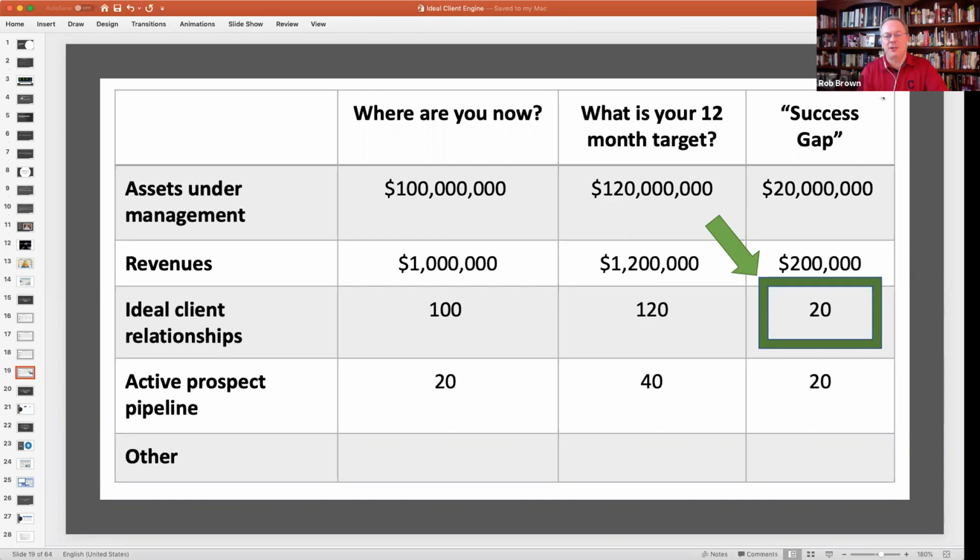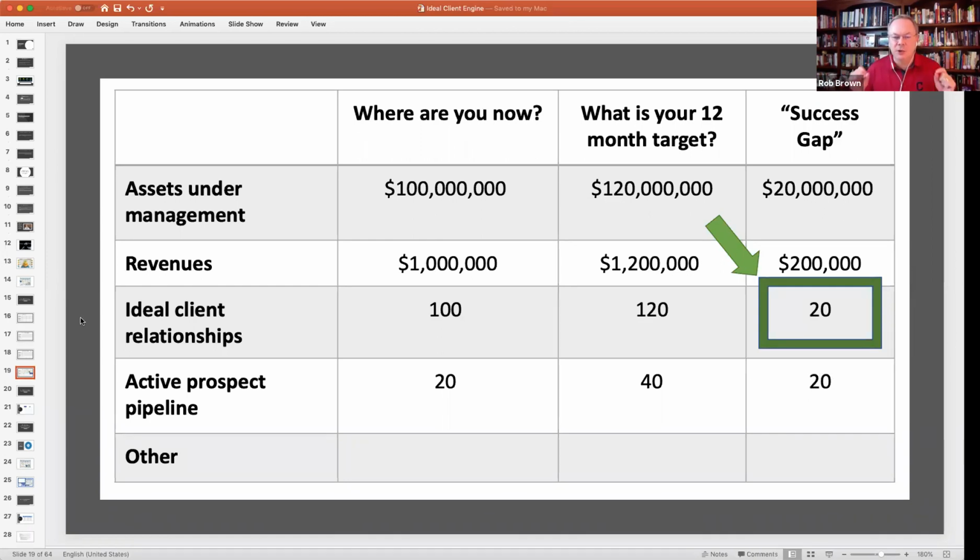So in this example, the advisor has 20 active prospects in his pipeline, prospects that have the potential to become ideal clients of his practice. If he wants to add those 20 new relationships, his target for that pipeline really ought to be 40. So the marketing that we're going to work on is really going to work towards adding 20 prospects to the pipeline. So you see how all those numbers work together? That's a key shift that you need to make in your business.